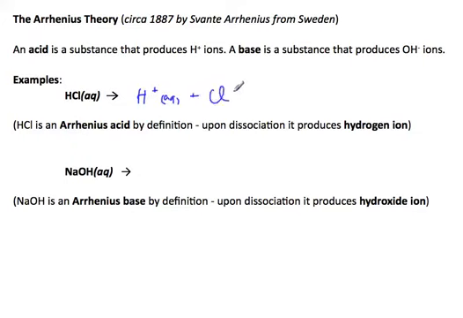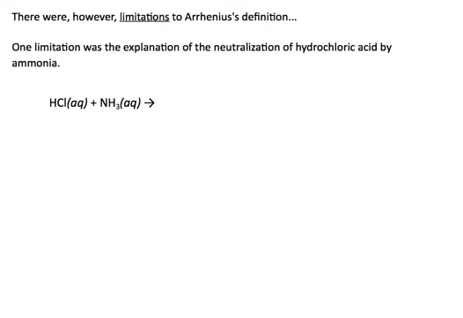And so there's the presence of that hydrogen that Arrhenius was speaking of as required to show that it's an acid. So a base, on the other hand, sodium hydroxide, dissociates into sodium ions plus the hydroxide ion. So by definition, an acid produces hydrogen ion, a base produces hydroxide ion. So that was one of the first formalized acid-base theories.